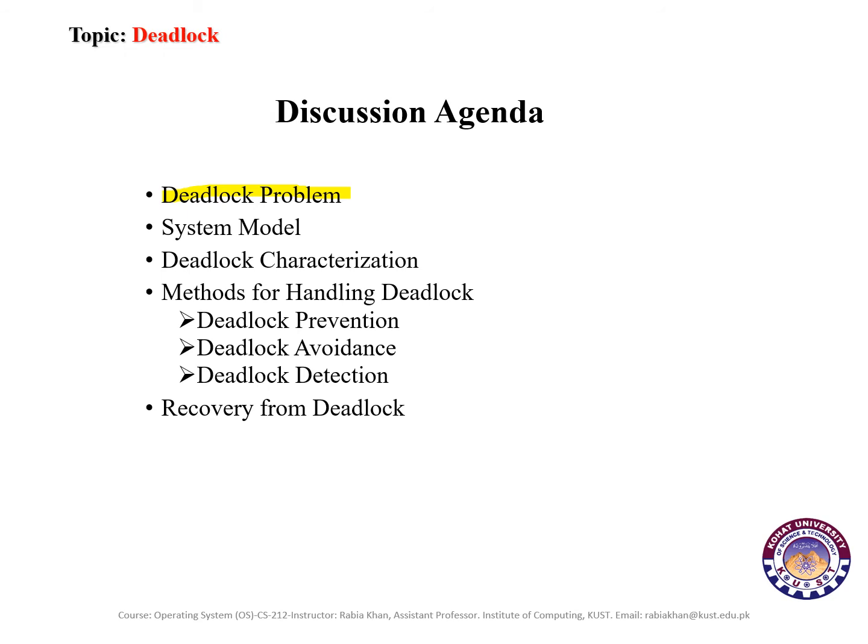Then in the previous lecture, we tried to develop a system model, how we can use different symbols to draw a deadlock if it appears in our system. So in today's discussion, we are going to draw different diagrams, and some of them have been drawn in the previous lecture as well.